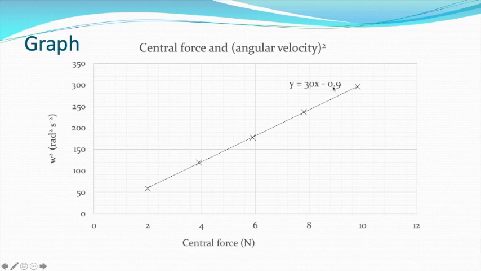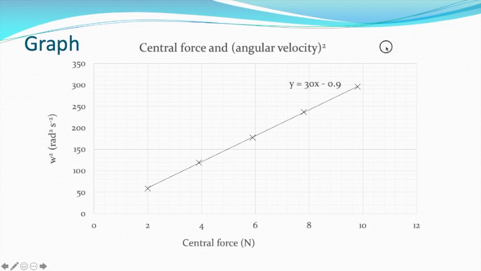We've got a very slight systematic uncertainty here. Y-intercept of minus 0.9. But it's pretty good. So within our limits of experimental uncertainties, we can consider this at the moment to be a direct relationship between f and omega squared. The gradient of the graph is 30.